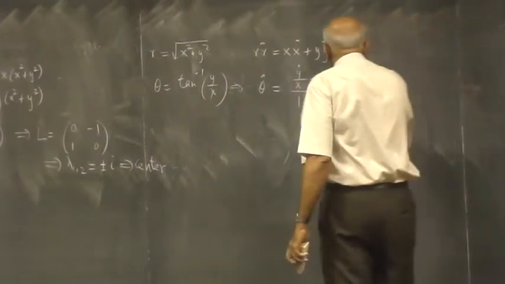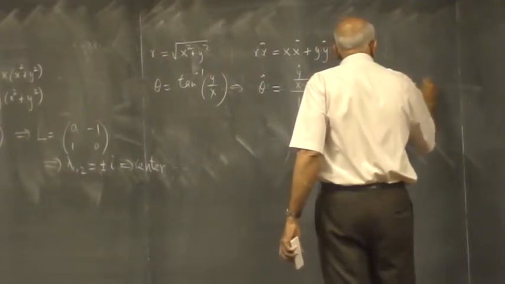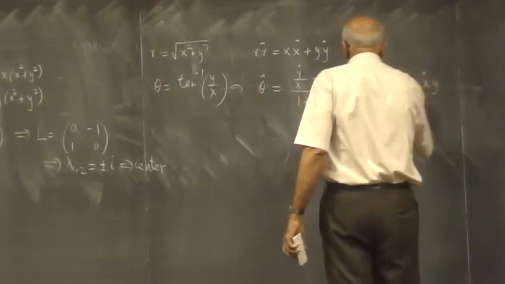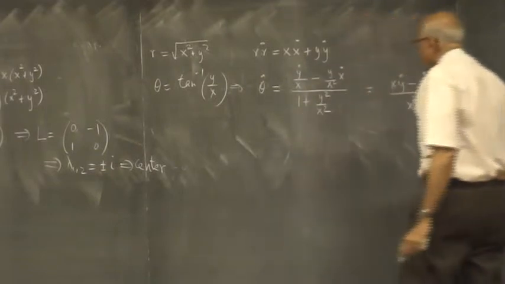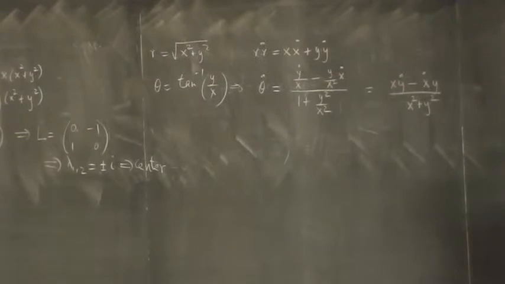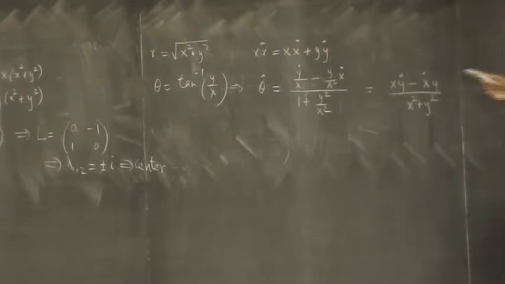Which if I simplify is x y dot minus x dot y over x squared plus y squared. That's the way the polar angle changes, and the other follows this.